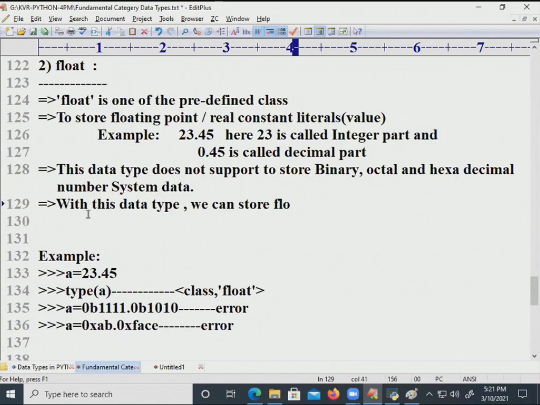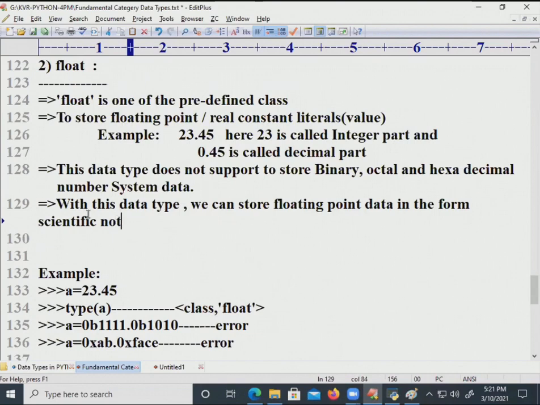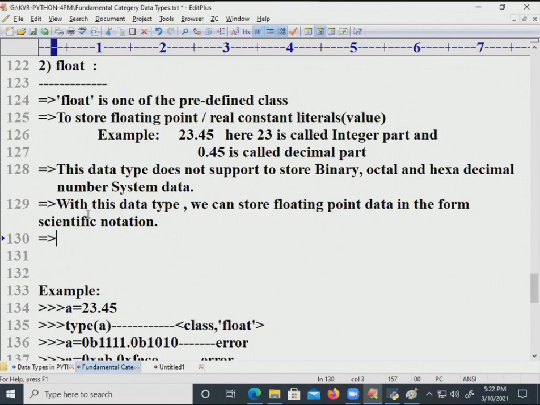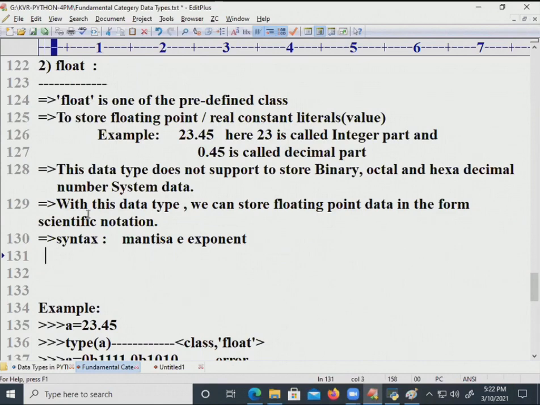We can store floating point data in the form of scientific notation, syntax: mantissa, E, exponent. Mantissa, exponent. Example there only.